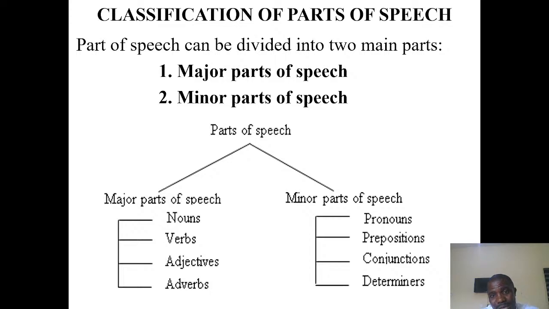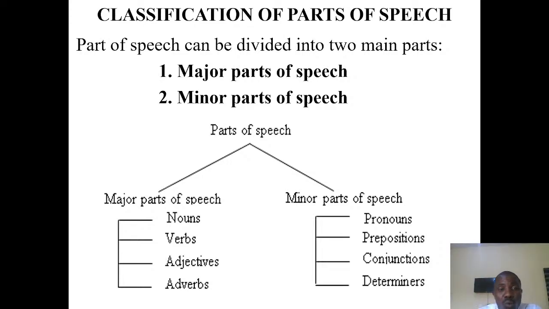But the minor parts of speech are limited. The ones created already in the past 200 or 500 or 1 million years still remain what they are. We do not add any pronoun to the existing pronouns, neither do we do that to prepositions, conjunctions, or determinants. That is number one difference.